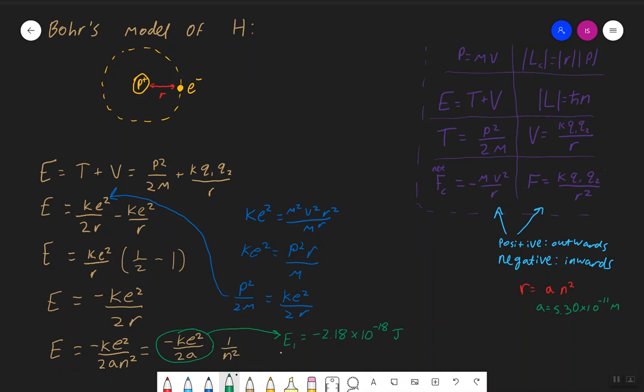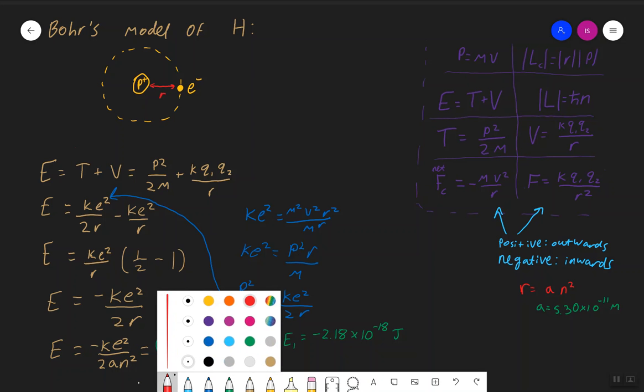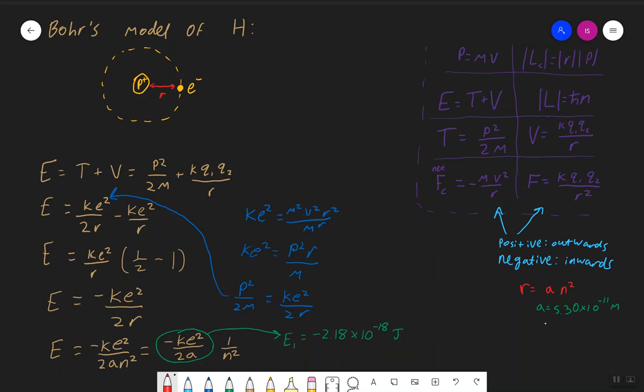Okay, and then we know now that the energy of an electron in the Bohr model is negative 2.18 times 10 to the negative 18th joules over n squared.